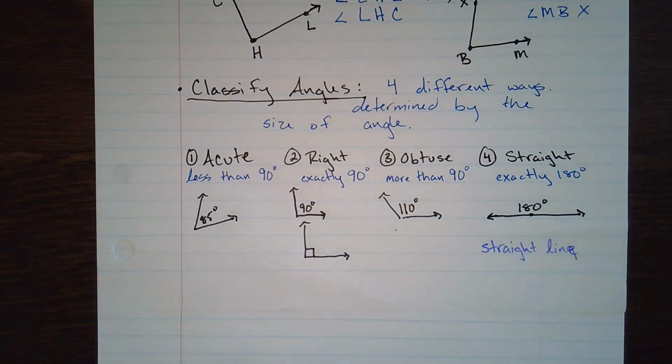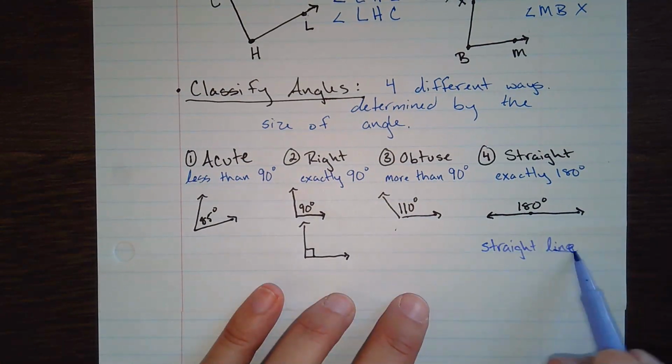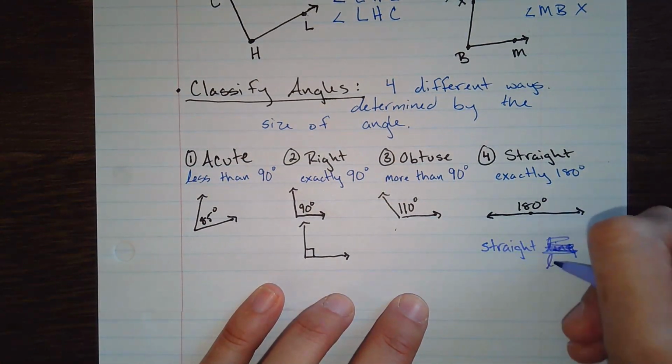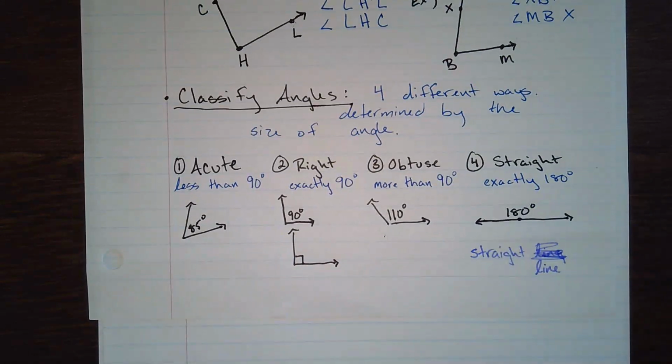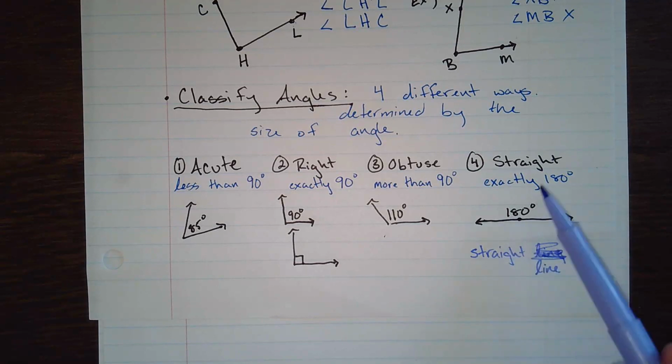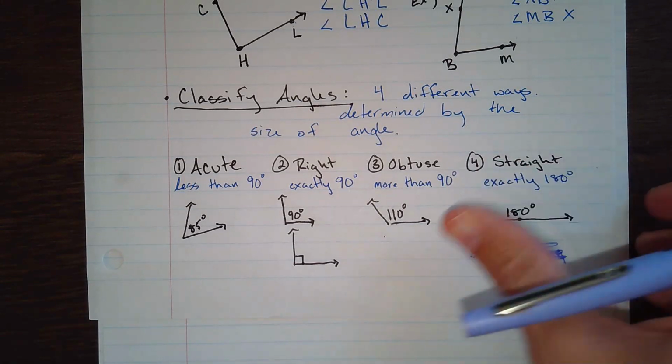Okay, so that's going to be a straight line. So anytime you see something that's a straight line, you should know that that's a straight angle, which equals 180 degrees.